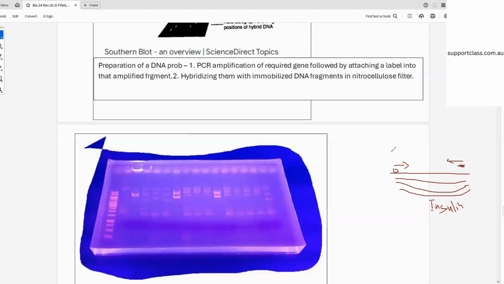So we can't take this fragment, right? Because we use Taq polymerase, which is another DNA polymerase. But the thing is, outside your body, Taq polymerase has no proofreading facility.